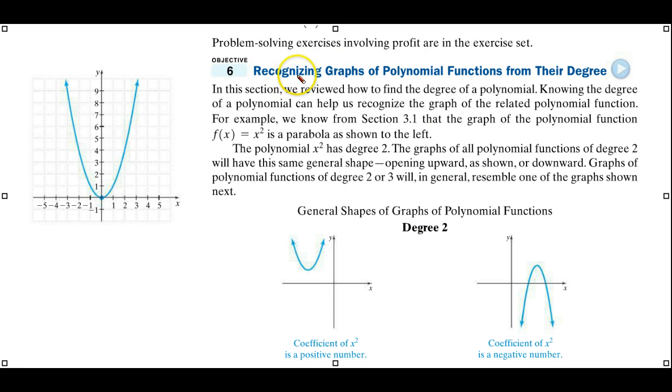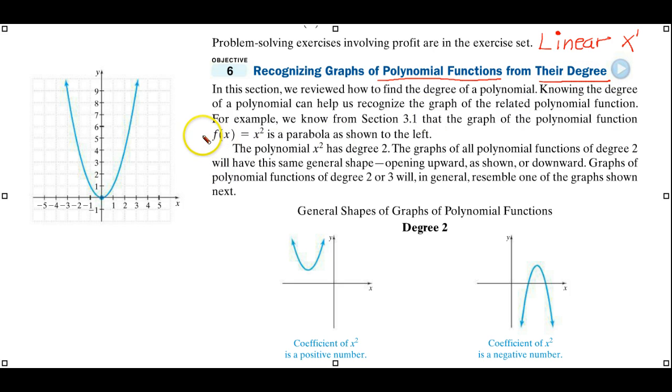Back in chapter 2, we talked about linear equations. These were straight lines, where the values of the variable were only to the first power. But as we proceed, and in your next course, they're going to be talking about graphs of polynomial functions that are not linear, but we can identify them by the degree.